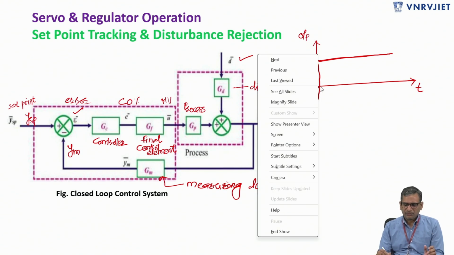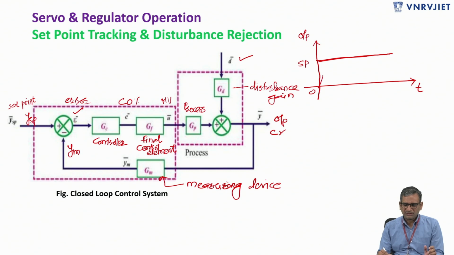So as soon as the set point is given, slowly the output is changing, and after some time it should reach the set point. So let's say at T1 we have changed the set point. So let's say we are giving a new set point.